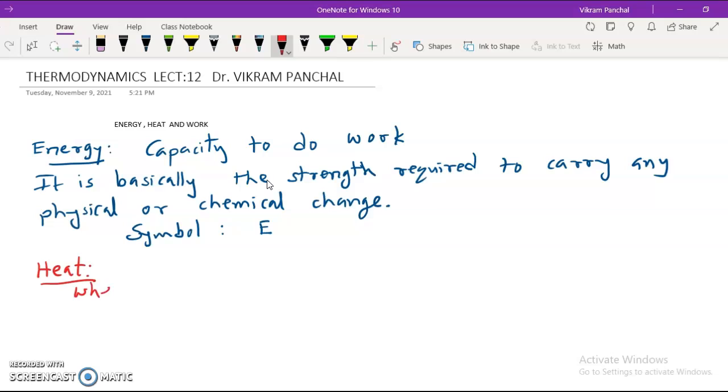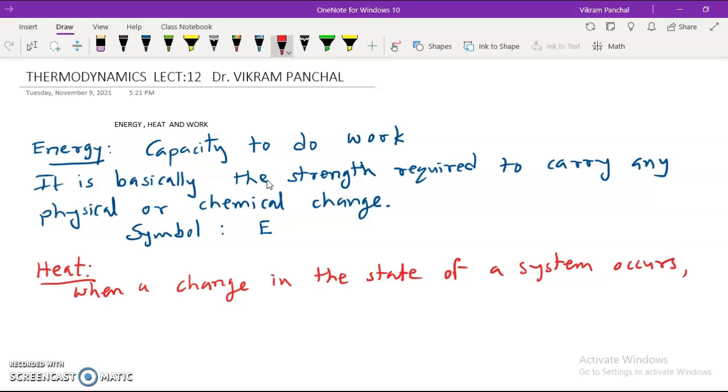See, when a change in the state of a system occurs, energy is transferred.